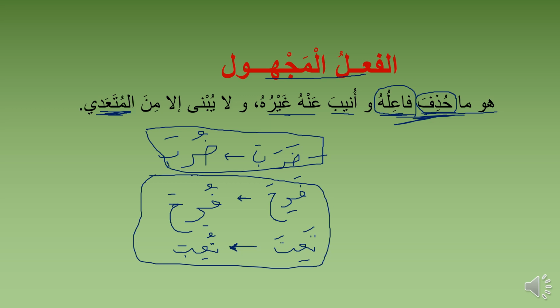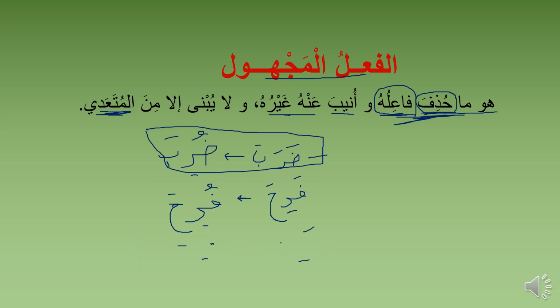Why? Because they are not muta'addi. But don't forget the principle: la yubna al fi'l al majhul illa min al muta'addi. Fi'l majhul cannot be built except from a transitive verb.